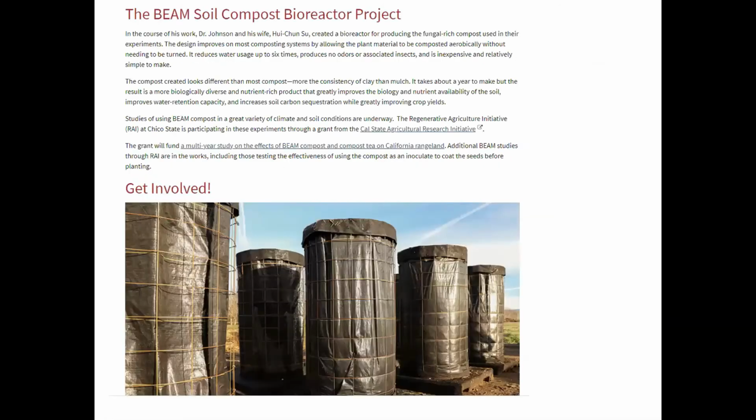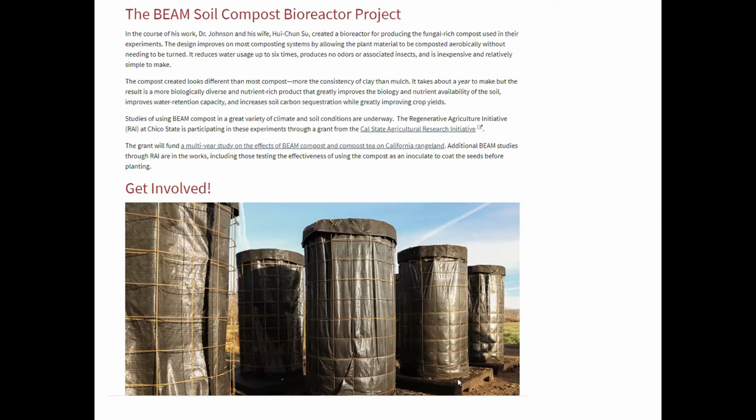The idea is you create this cylinder, wrapped with this sort of black landscape cloth, and there are pipes that go in the middle that have holes in them, and it's sitting on top of a pallet. I don't know if you can see that. This allows airflow, and the idea is that you're not going to have to constantly mix it.